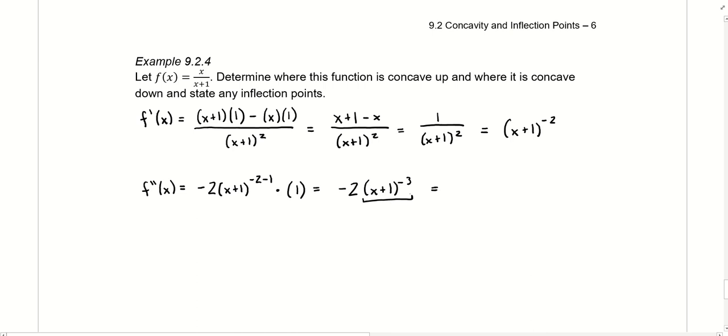So this x plus 1 has a negative exponent, so I'm going to go ahead and put that as a denominator, x plus 1 to the positive 3. And then this negative 2, I'm just going to put that as my numerator. So this thing is going to be my second derivative.